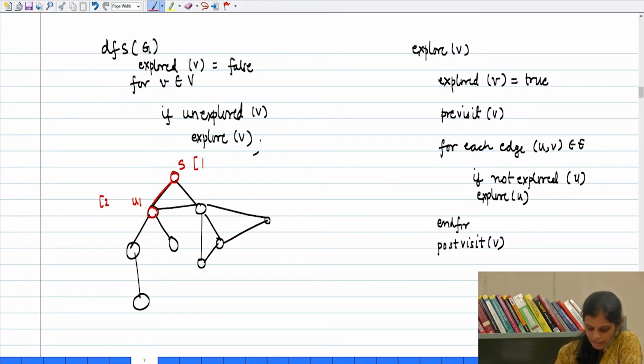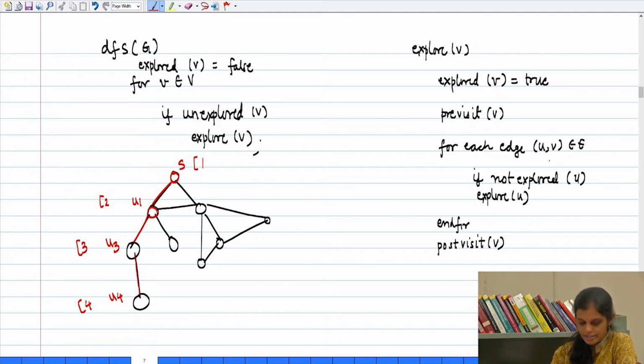What should I do further? I will now take a neighbor of this. Again, there is a choice whether I should take this neighbor or this one. It doesn't matter, I could have taken any one. So let's call this U3. I would have given a pre-visit number of 3. At this point, let us say we have explored this, and then you went to U4 and gave a pre-visit number of 4. Now at this point, you are at U4, looking at every edge incident on U4.